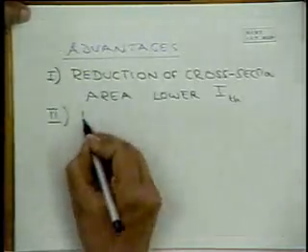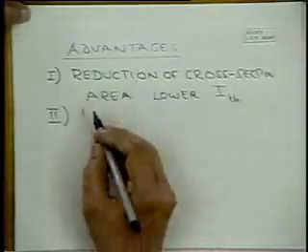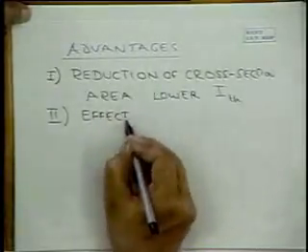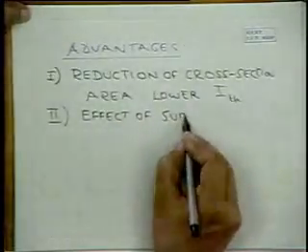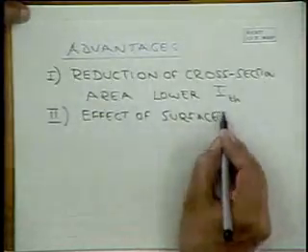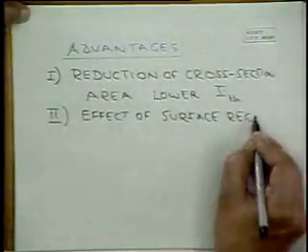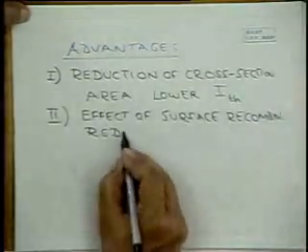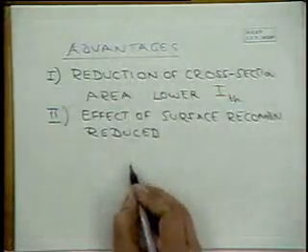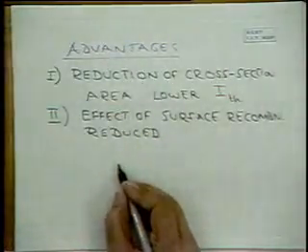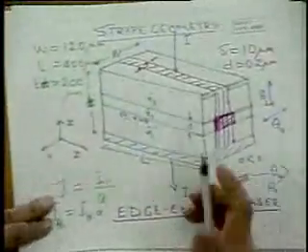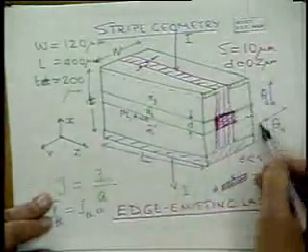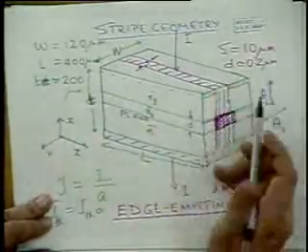We have another advantage. Effective surface recombination is reduced, because we do not have current flowing all through the device area. For example, we don't have current flowing through this surface. It is only centered around the middle of the device.